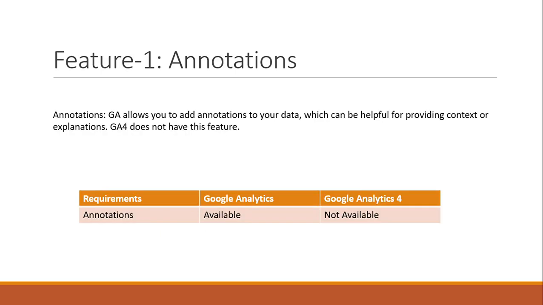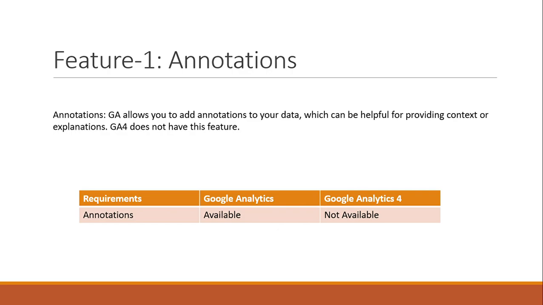First thing is annotations. Annotations in GA are very basic, and everybody started using them when a technical change happened, or when a filter or a rule was added in GA. We can annotate all those things and see from when the change happened, and when there is a sudden spike or a sudden dip in the data, what the possible issues could be.